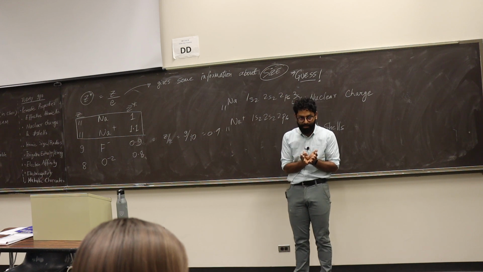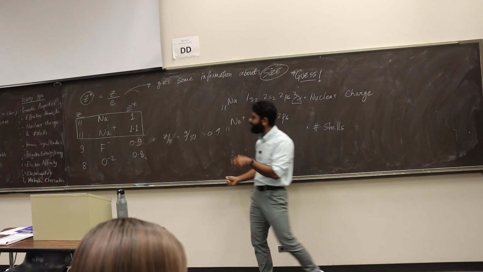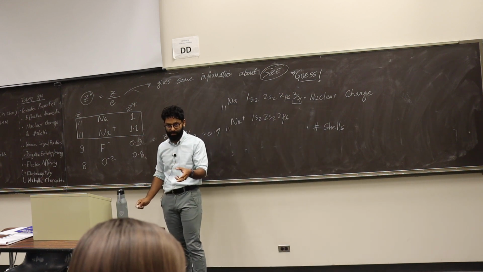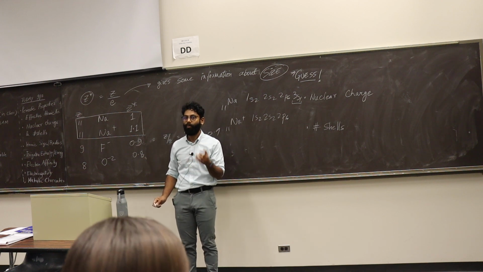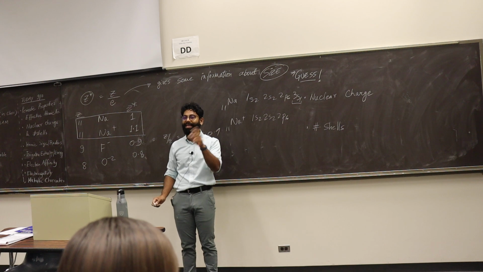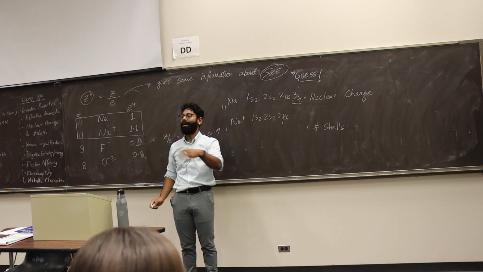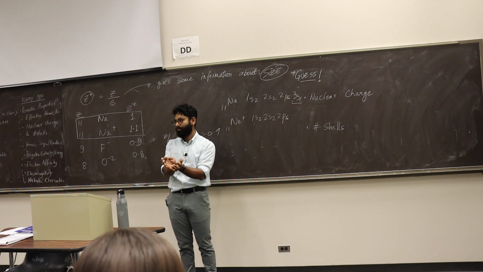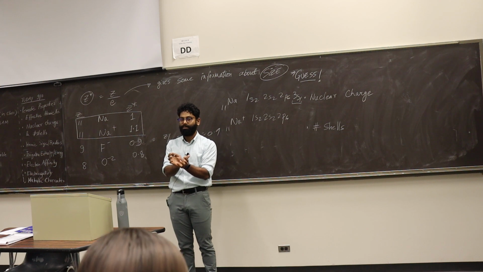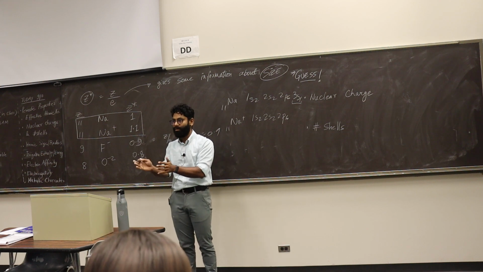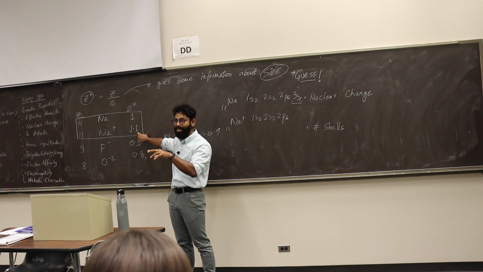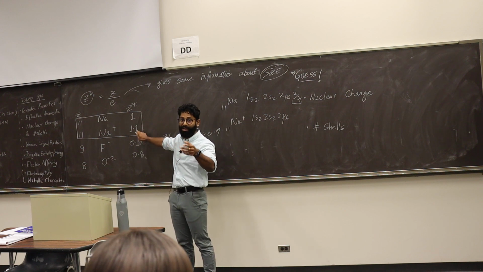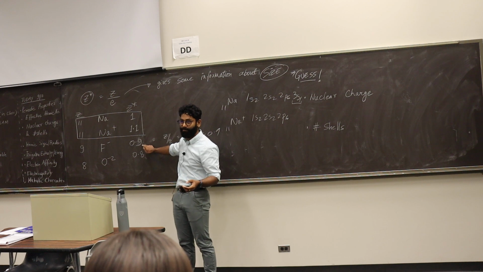So F minus has a Z star of 0.9. What is the Z star of F? 1. Right? So any neutral atom will have a Z star of 1, basically. And any cation will have a Z star more than 1, and any anion will have a Z star of less than 1.